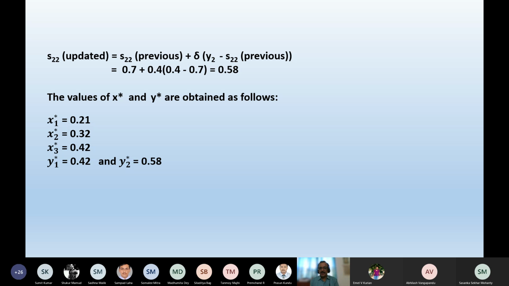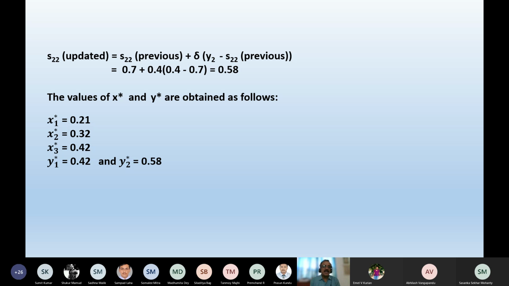counter propagation neural network. But as I told, in terms of accuracy, it may not be able to defeat the accuracy of BPNN. But in terms of computational complexity, CPNN is faster compared to your BPNN.